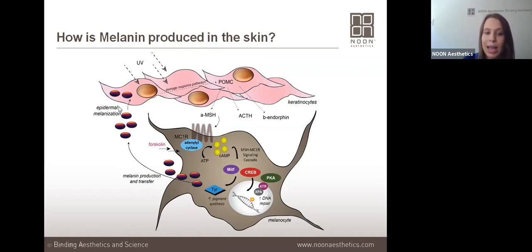So to answer my question, why do we need melanin, it's in order to protect the DNA, which is inside the nucleus, because these melanosomes actually form a cup at the nucleus and protect the DNA from the rays that break it.